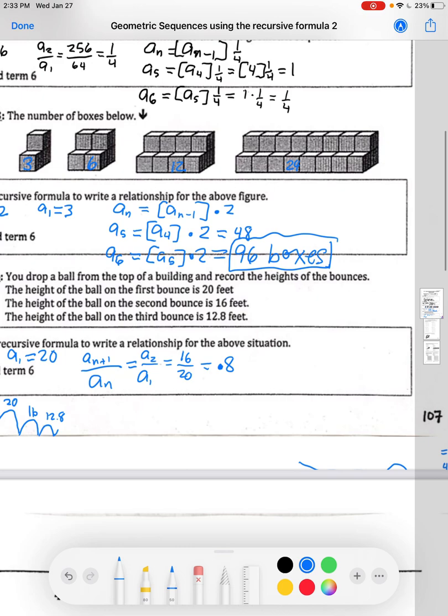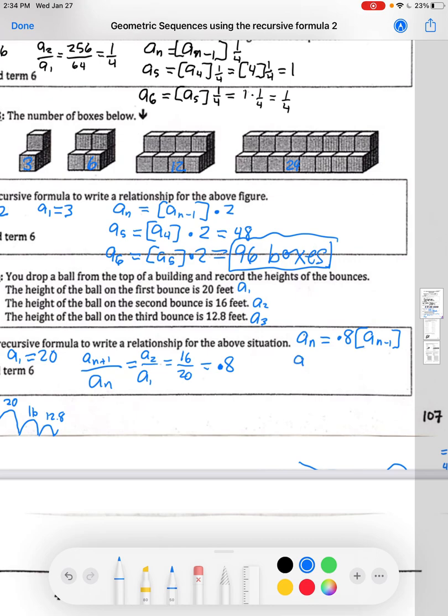So now we can go ahead and fill in the rest of our formula. We get A of n is equal to 0.8 times A of n minus 1. Now we already know that this is the first value, this is the second value, and this is the third value. Let's see if we can figure out term 6 like it asks us to.